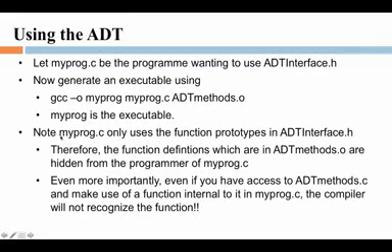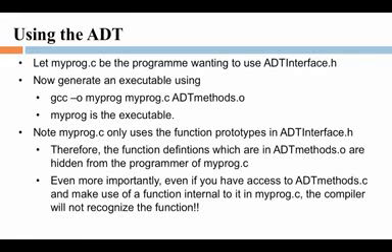Now, very importantly, note that your C program, that is myprog.c, only uses the function prototypes in adt_interface.h. Therefore, in a manner of speaking, the function definitions which are in adt_methods.o are hidden from the programmer of myprog.c.